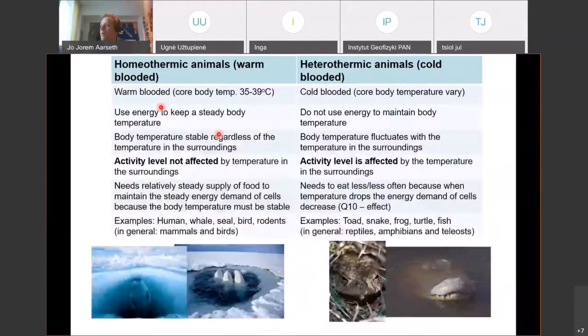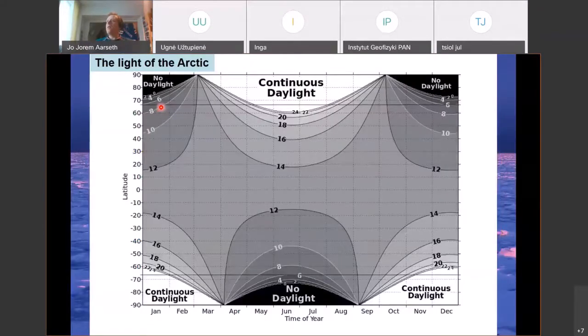If you look at the light of the Arctic, that's also special, because of the angle of the sun sending its radiation to Earth and the tilting of the Earth, you have periods during the season in the Arctic where you have continuous light.